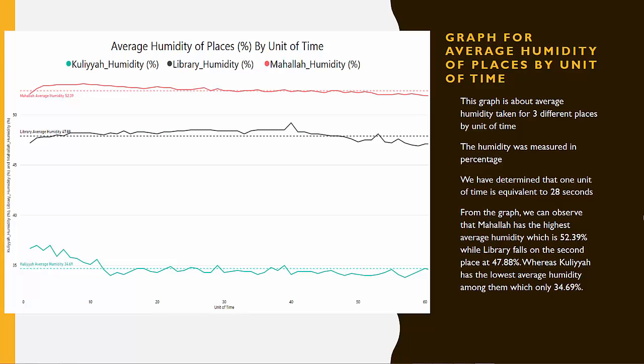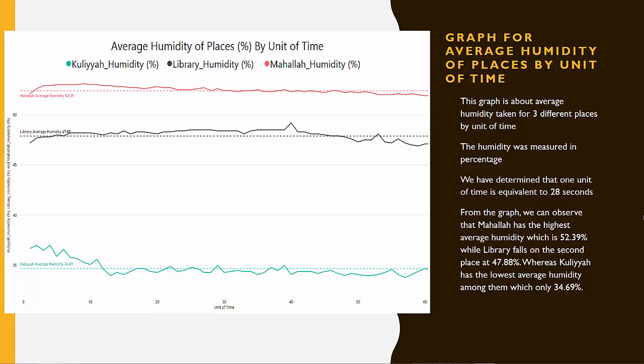So this graph is about average humidity taken for three different places by unit of time. The humidity was measured in percentage. We have determined that 1 unit of time is equivalent to 28 seconds, the same as the experiment we conducted for the temperature.